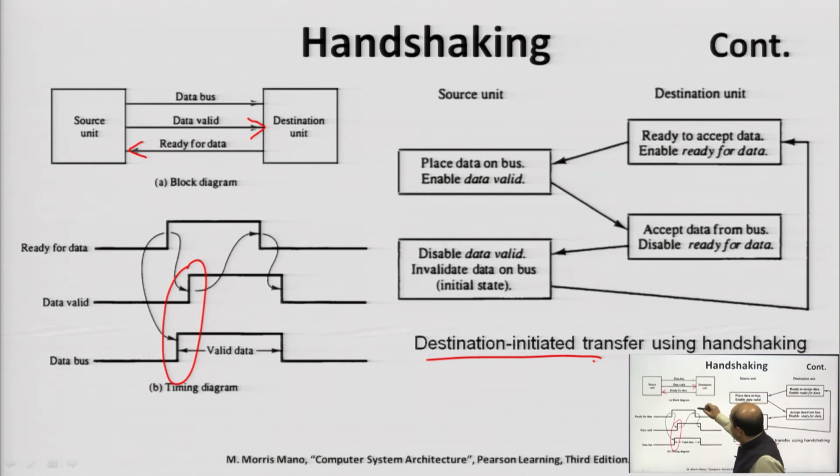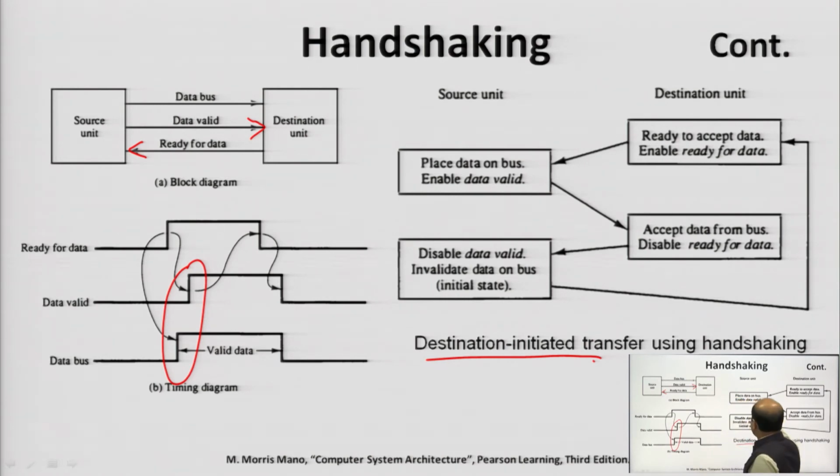So, once the ready for data signal is disabled by the destination unit, informing the source that I have received, after that the data valid signal and the corresponding data signal will be disabled by the source unit.